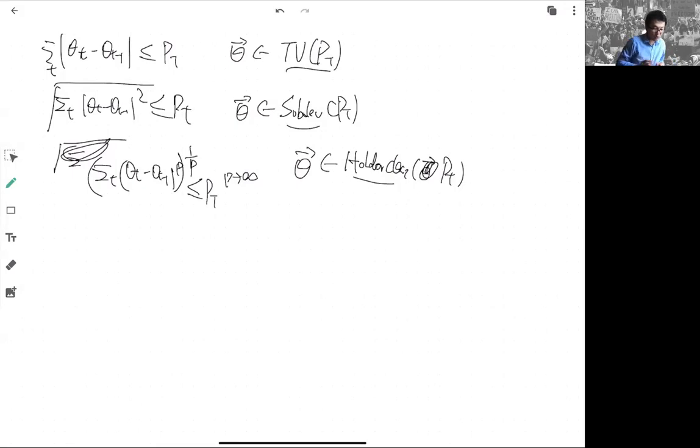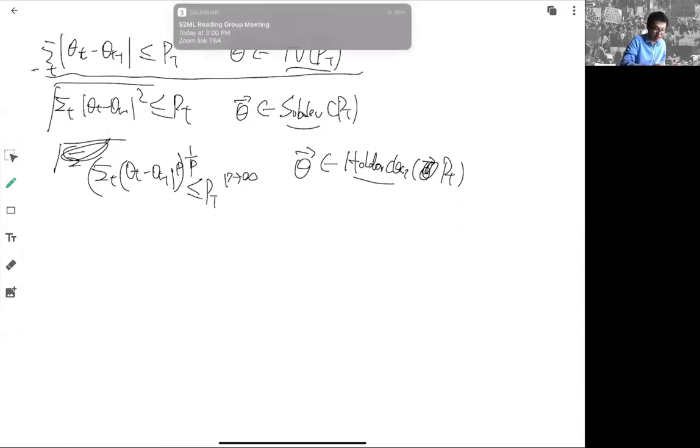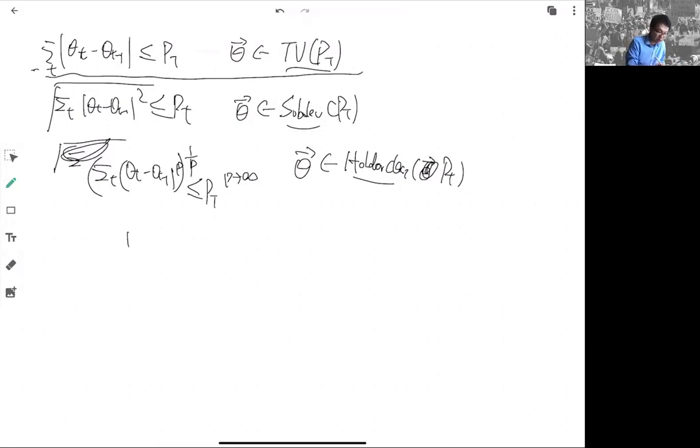If we take the simple example, the most general one, a total variation bounded sequence, we already know that in the offline problem the optimal rate is t to the power of 1/3 and pt to the power of 2/3.